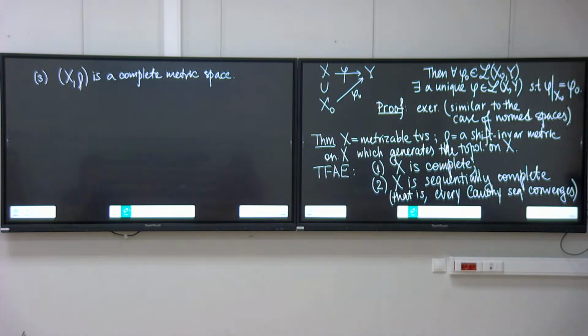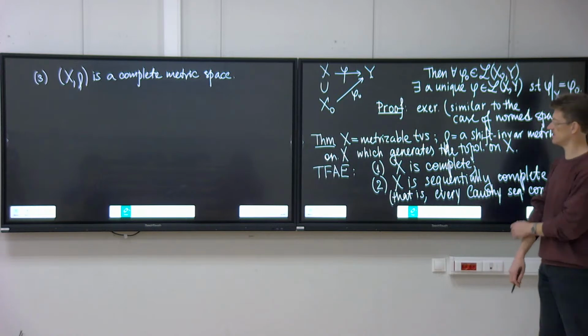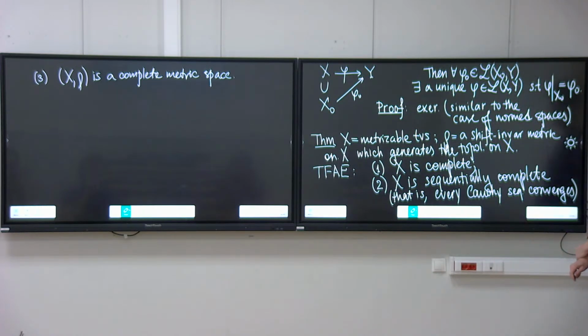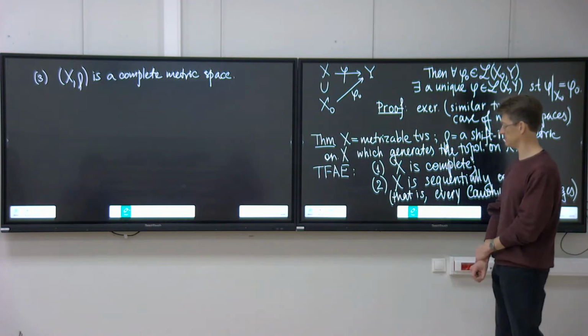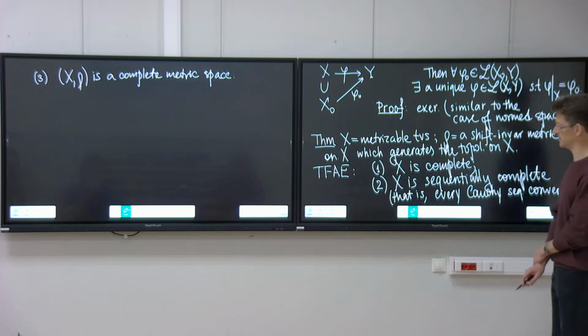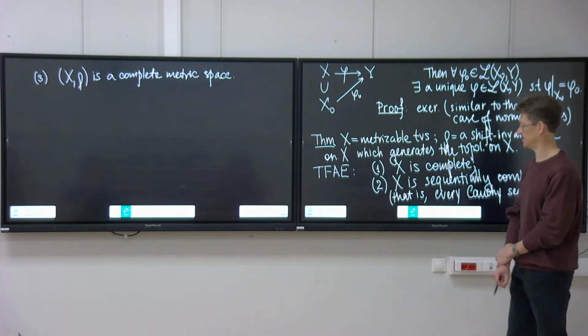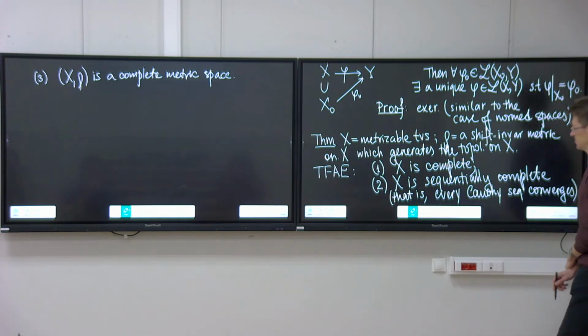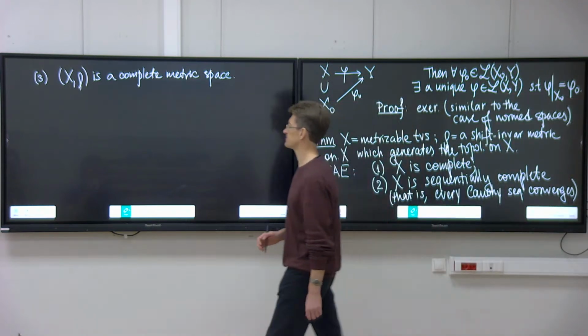Because if it is not shift invariant, then you will easily produce a metric on the real line which generates the same standard topology of the real line, but which makes the real line into an incomplete metric space. So the shift invariance is essential here.